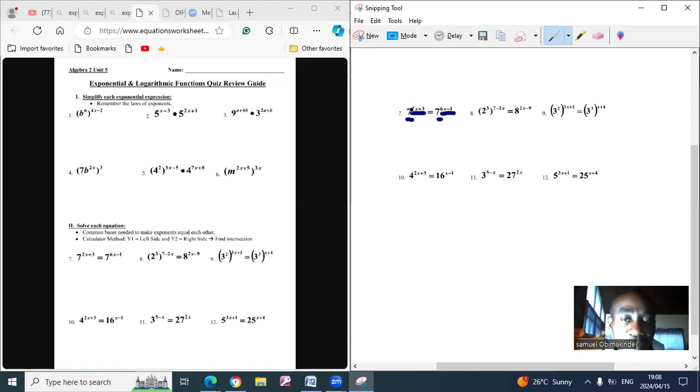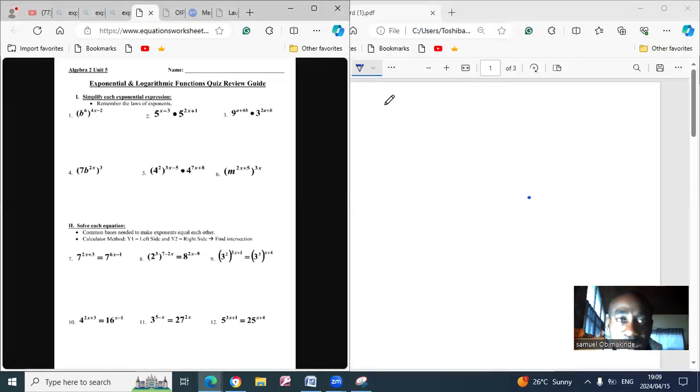The most important thing here is to make the base equal on both sides. Sometimes you will have the bases directly equal to each other, and at other times, like in this case, you have to do some manipulation. All right, so let's get to it.